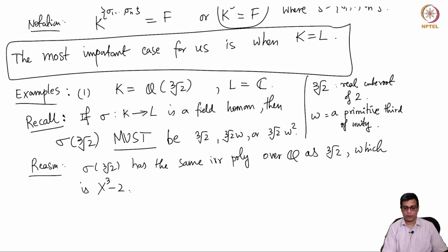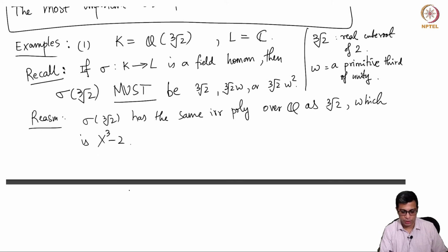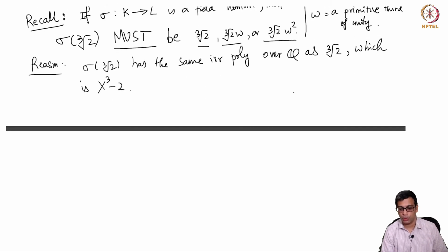The image of cube root of 2 under any field homomorphism, because any field homomorphism must fix Q, must be another root of x cube minus 2, and we know there are only three roots: cube root of 2, cube root of 2 times omega, cube root of 2 times omega square. So choosing each one, we get three homomorphisms.